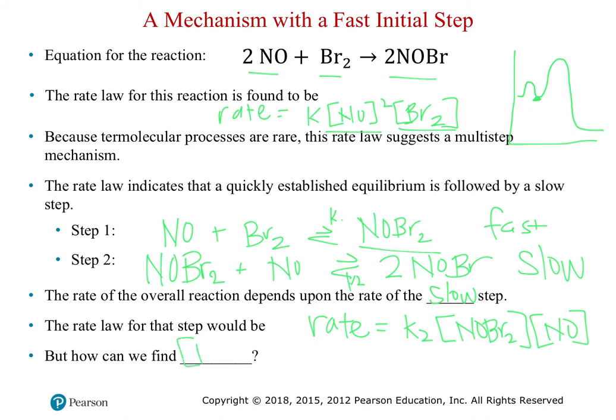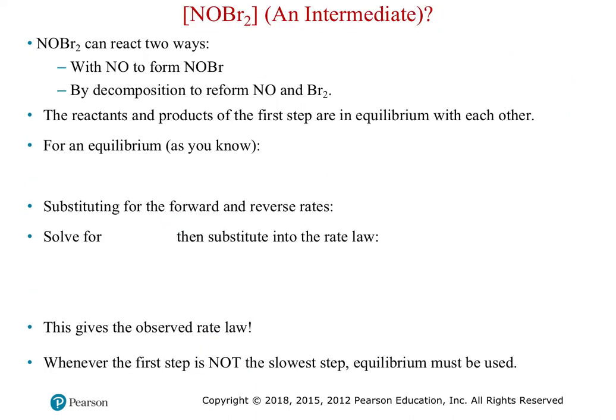But what is this intermediate? How can we find it? Well, it's not an actual molecule that we're putting in, and so we need to be able to rearrange the equation for that molecule. So what can happen with this intermediate, let's go back to our energy diagram.